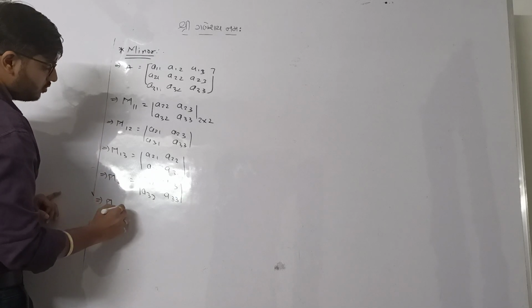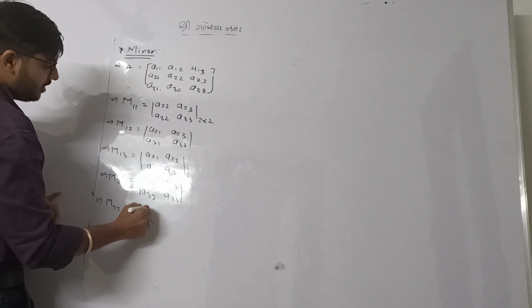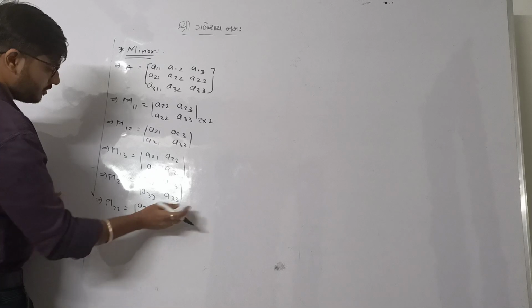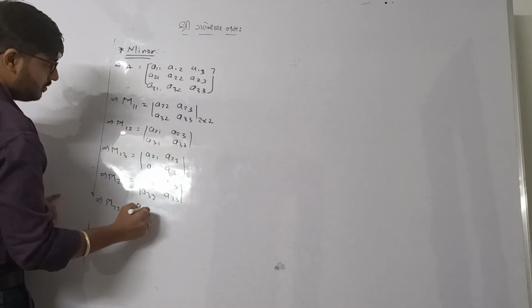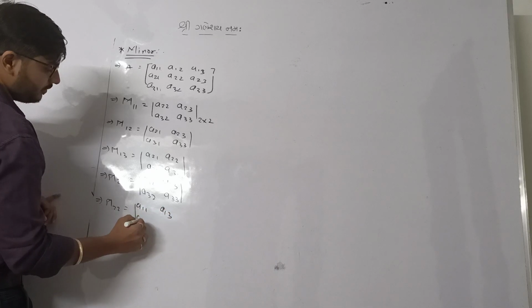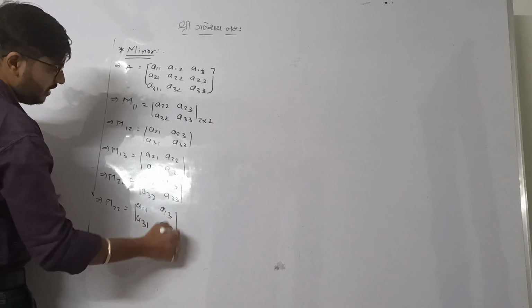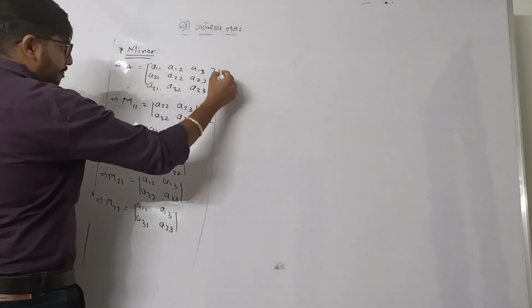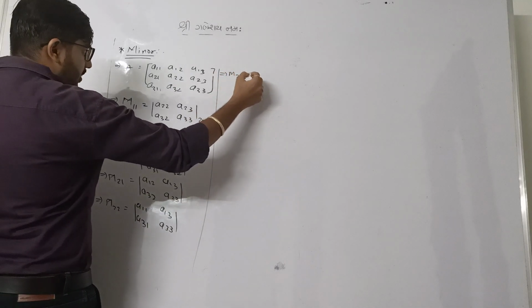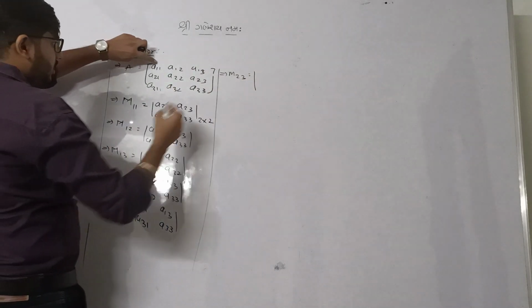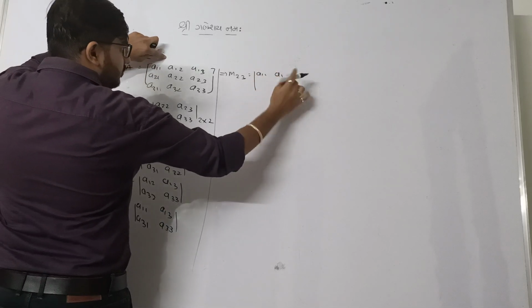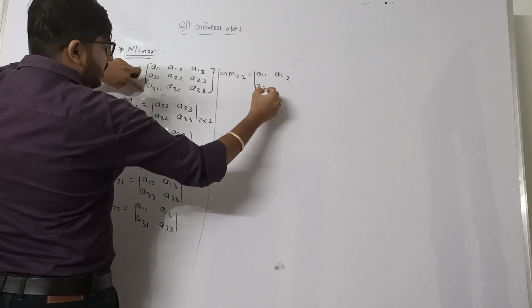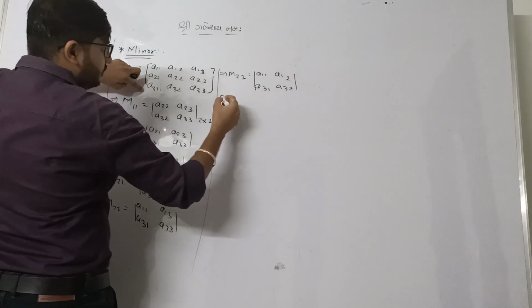M22 is A11, A13, A31, A33. M23 is A11, A12, A31, A32.